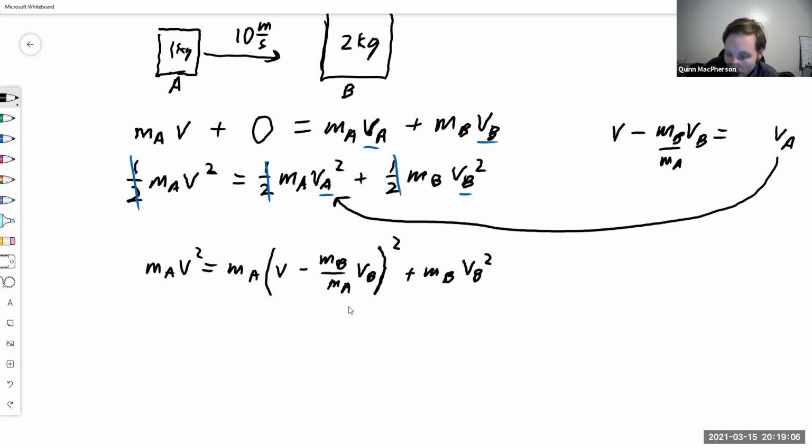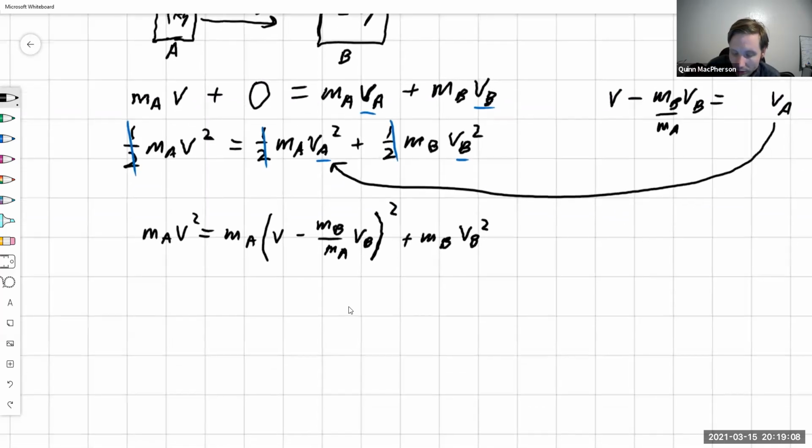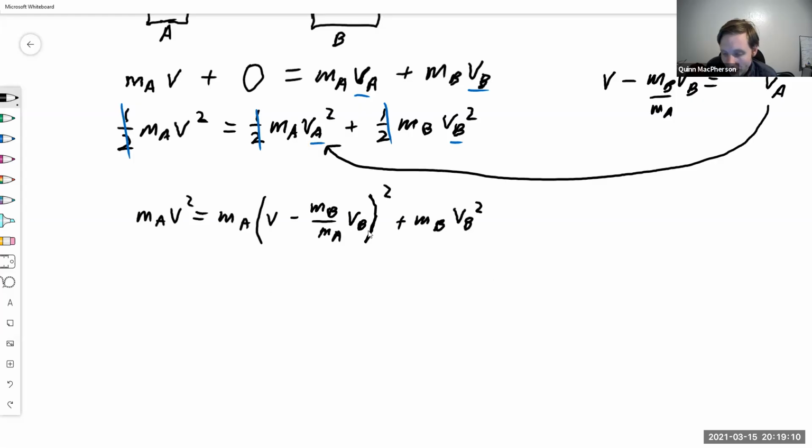Okay. Let's see here. What do I do next? I want to find VB. Where is it in my equation? It's here and here. So I need to get it by itself. So I'm going to have to square out, FOIL out this parentheses here.